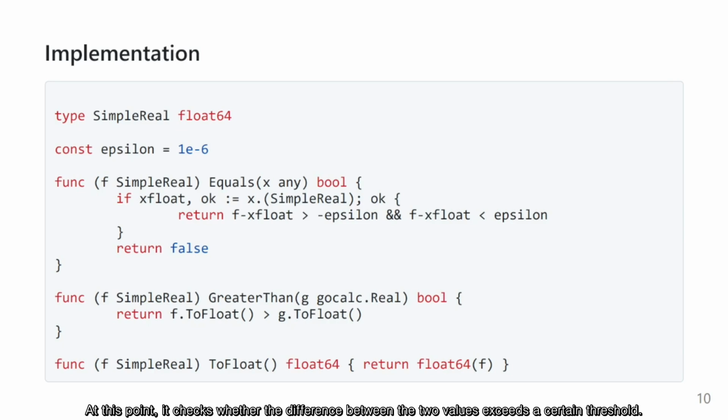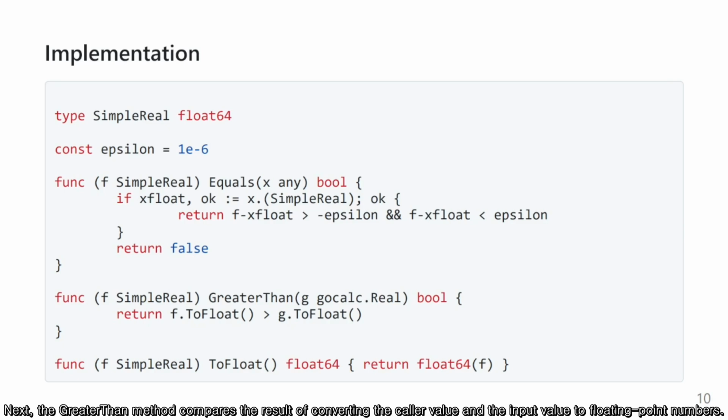At this point, it checks whether the difference between the two values exceeds a certain threshold. Here, the threshold is defined as epsilon, a global variable set to be 10 to the power of minus 6. If the difference between the two numbers exceeds this threshold, the two numbers are considered to be different.